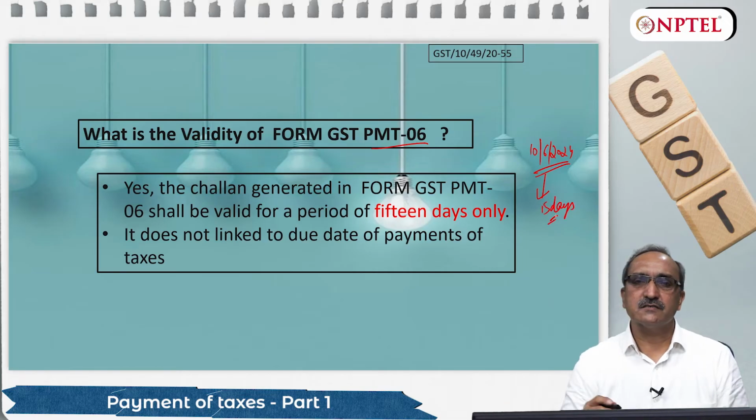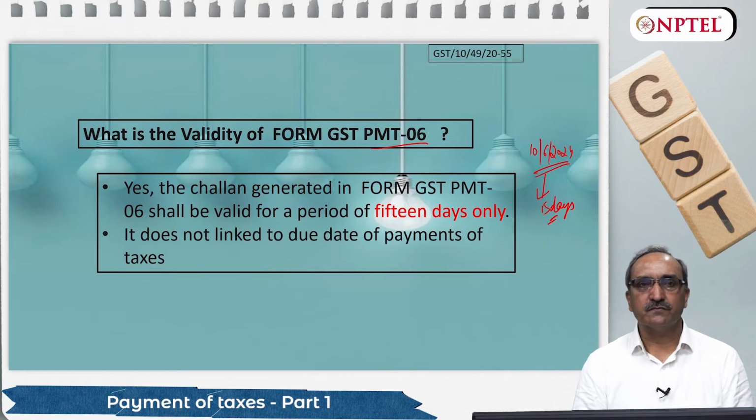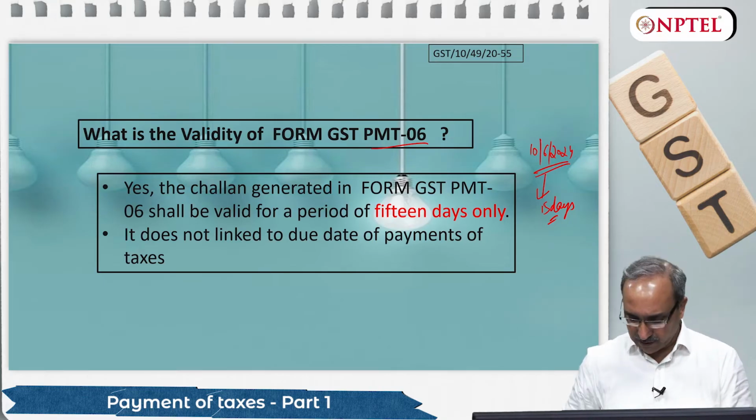After 15 days, this challan will be closed. You cannot use this challan for payment. So you have to make it clear, whenever you generate a challan, it must be used within 15 days. Otherwise, if it is expired, then a new challan will be generated for the same amount or same tax period.